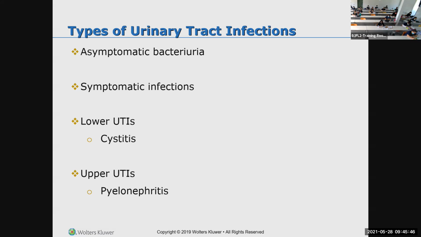We do have upper urinary tract infection, which involves my kidney tissue or renal pelvis and others. Pyelonephritis. Most commonly, patients with pyelonephritis usually present with pain and also fever.